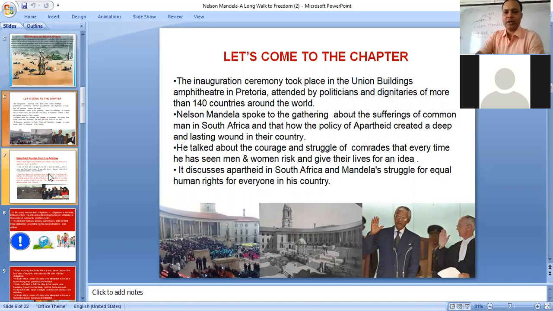An amphitheater in Pretoria, attended by politicians and dignitaries of more than 140 countries around the world. That was the first huge political gathering of dignitaries at the oath-taking ceremony of Nelson Mandela as the president of South Africa in 1994.